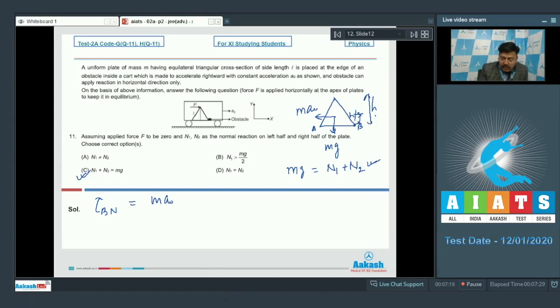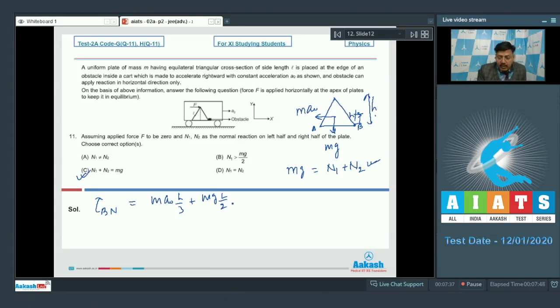So torque of the total normal reaction about point B is equal to ma0 into h by 3 plus mg into L by 2, side length L by 2.